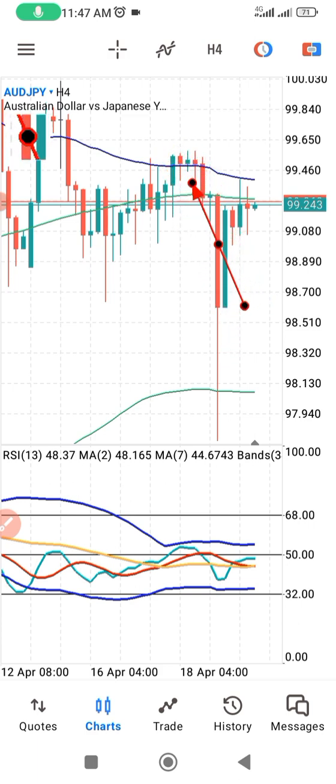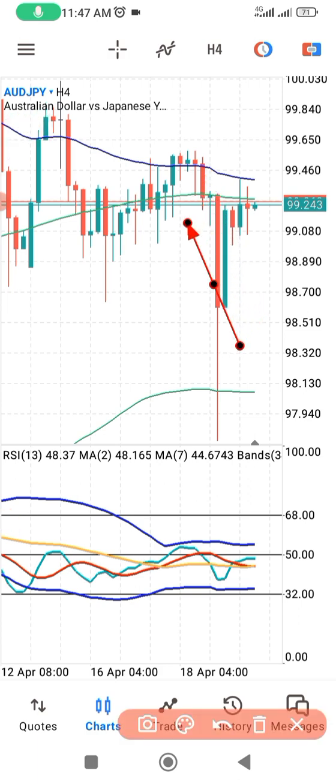You can see we have a hanging man, we have an evening star formation, and this is double entry. And immediately we get this move to the downside, we now make our entry at the close. We make our entry there and have our stop loss here and our TP somewhere here.